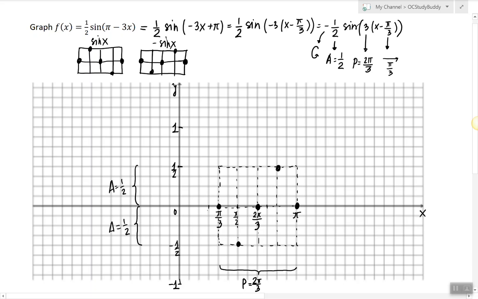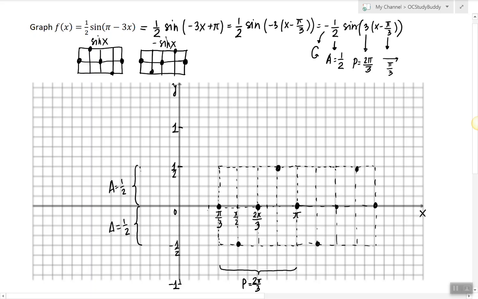Now if I need more periods, I will just copy and paste this. It will be another 8 squares, and I'll just repeat this process again and again. So this will be here, here, here, and here.